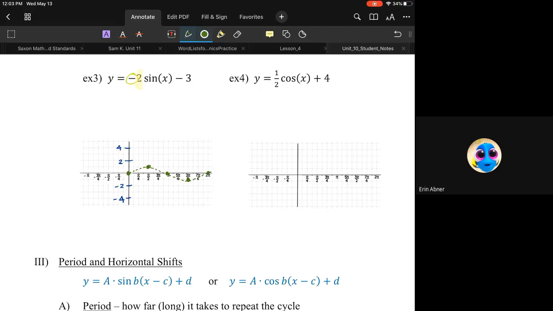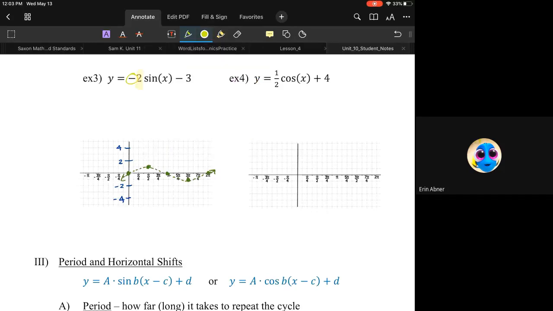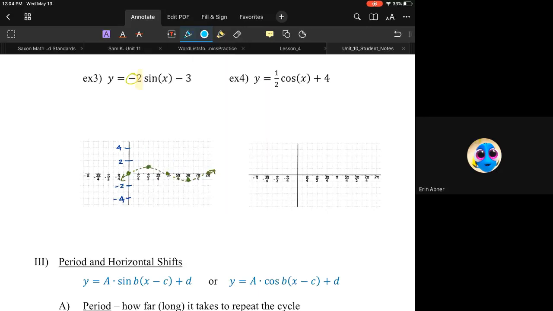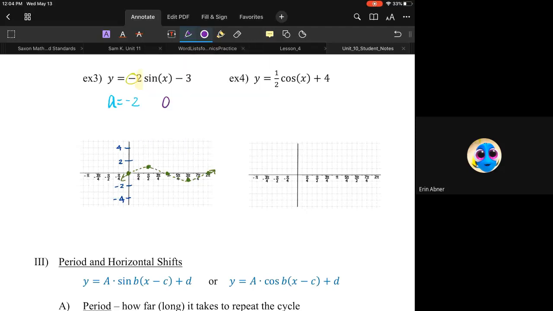There we go. There's my sine function. Now I need to graph my new one. So first things first, my A is equal to negative 2, and then my D is equal to negative 3.